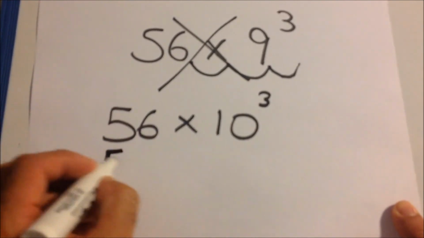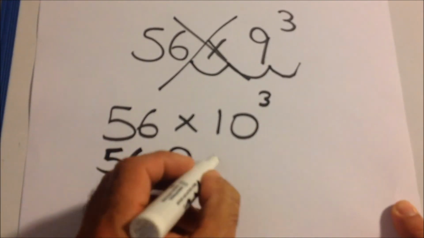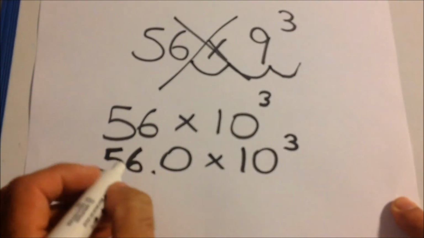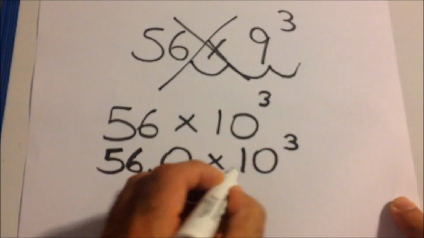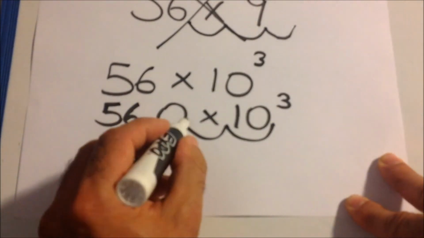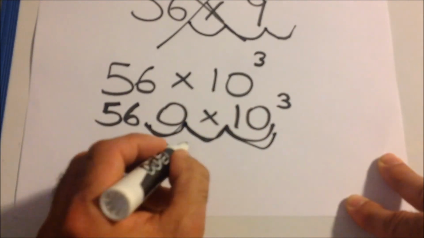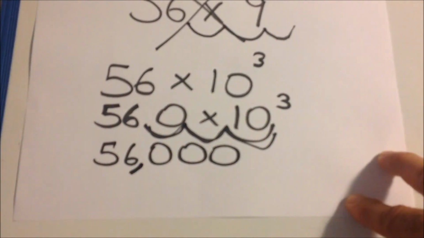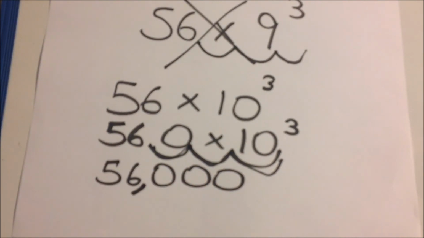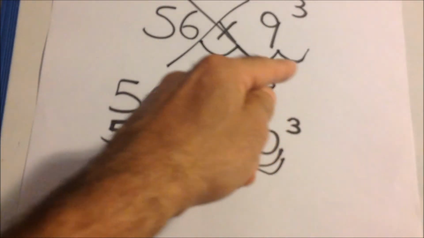It's right here because it's actually 56.0. How many times should I move the decimal? 3 times. 1, 2, 3. So we have 3 waves and one's filled. Fill the rest. 56,000. So in multiplication, you move the decimal what the exponent tells you to move.